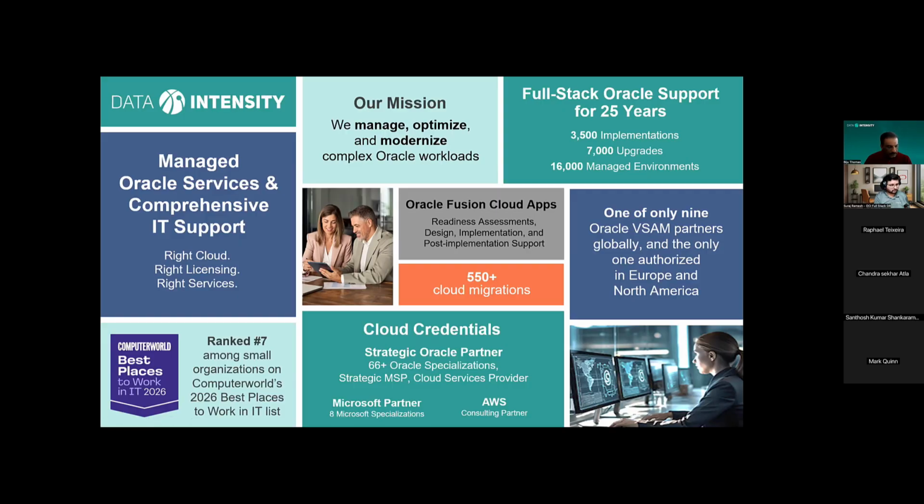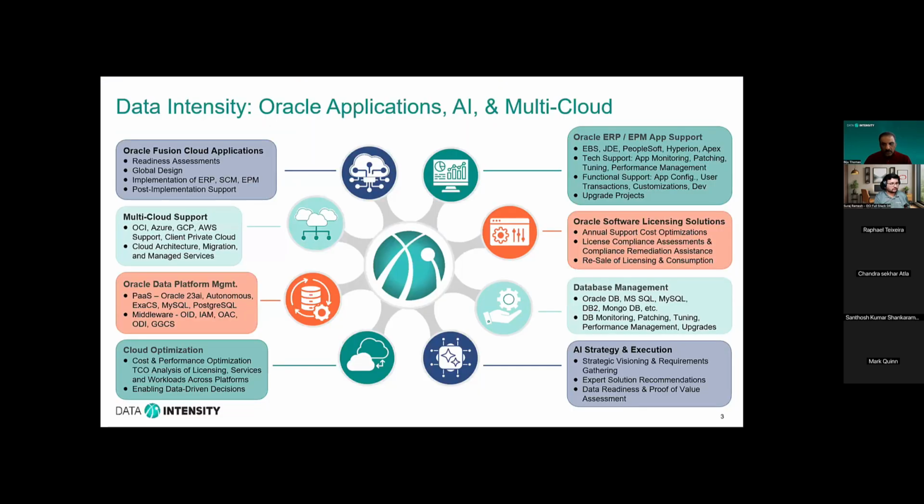Let's go to the next slide just to talk about our capabilities. It's far beyond the MSP, like keeping the lights on. A significant part of our value is helping the customers navigate Oracle licensing. We have Oracle license assessment, effective license position, total cost of optimization, which especially comes into the picture when you're migrating from on-prem to the cloud, reviewing your contracts and license entitlement, all of that.